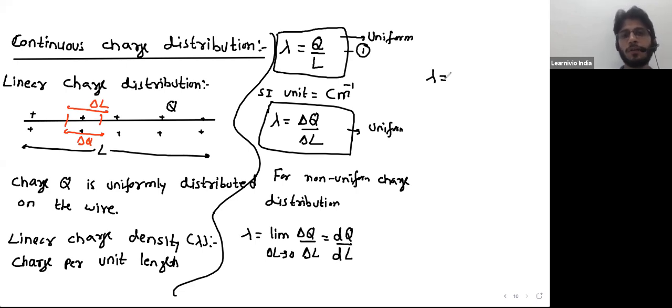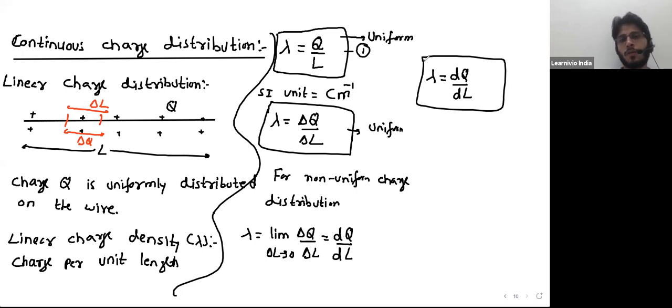This is the linear charge density lambda, which is dq over dl. This expression is important. You can use it for non-uniform distributions also.